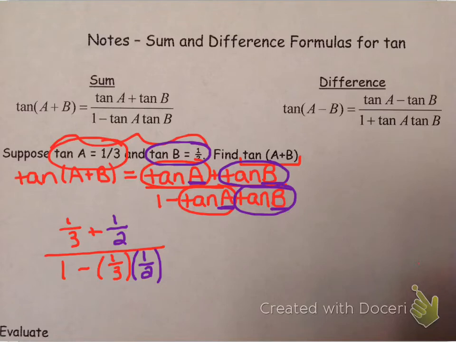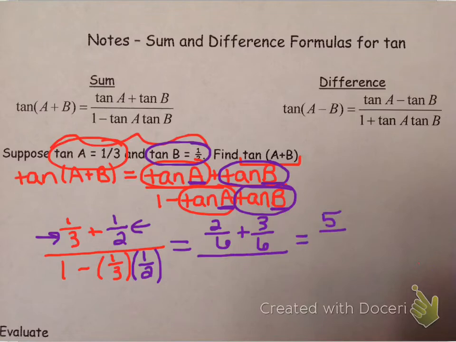And now there's two ways that we're going to talk about how to simplify this. Method one for simplifying this answer is to just follow PEMDAS. And so in the numerator I would need to take this 1/3 and this 1/2 and give them a common denominator. So this would become 2/6 and this would become 3/6. So in the numerator I would have 5/6. In the denominator I would follow PEMDAS again.